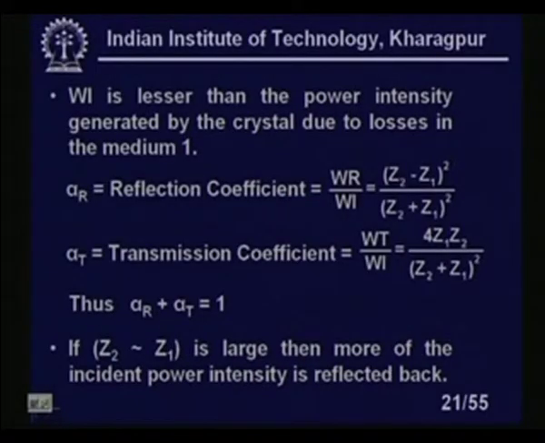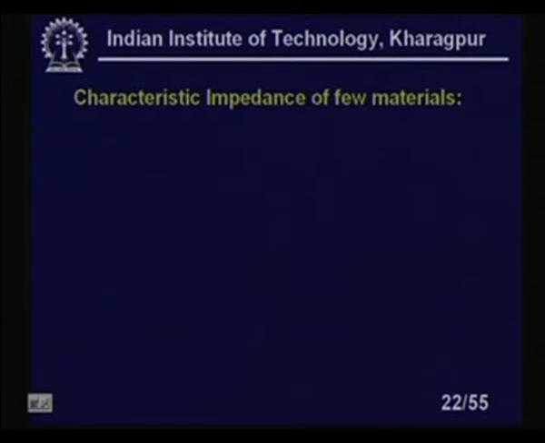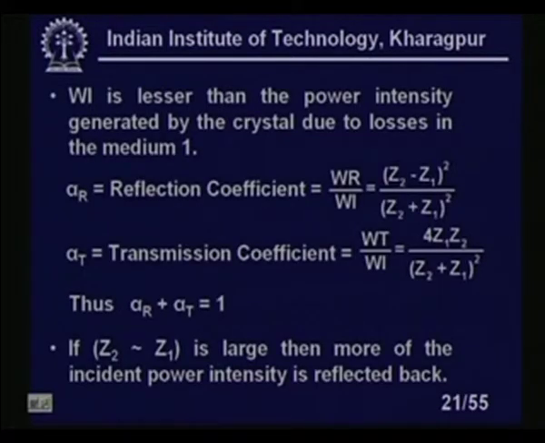If Z2 minus Z1 is large, then most of the incident power intensity is reflected back, right. So, the characteristic impedance is very important, as we will see while using the ultrasonic sensor for level measurements, right.